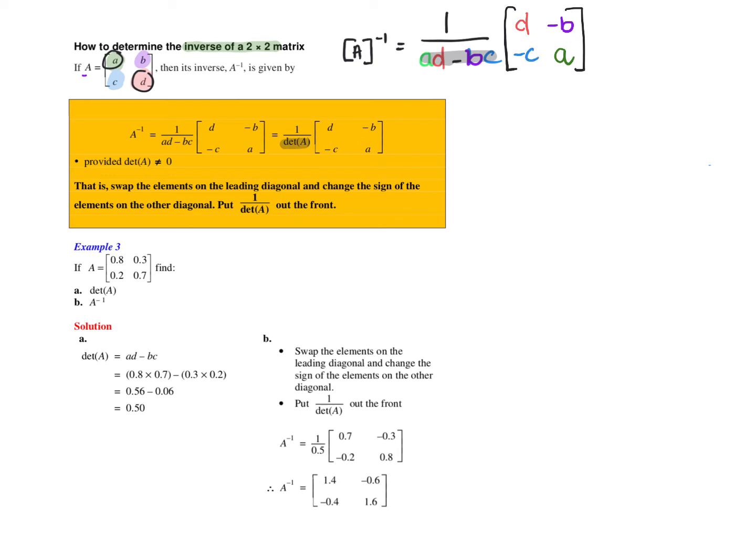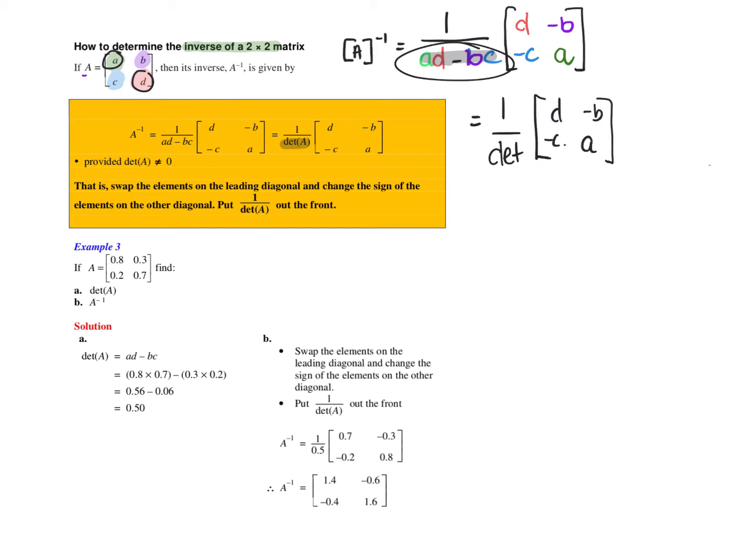If they're already negative, you will then just make that a positive number. So in summary, that's why they write 1 over det, because this part here is the rule for the determinant, and then they'll just write that we've swapped these two numbers around and that we've made these negative.